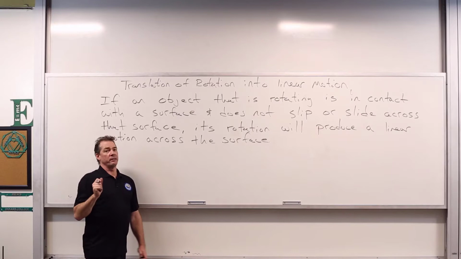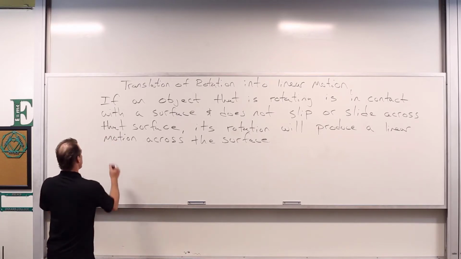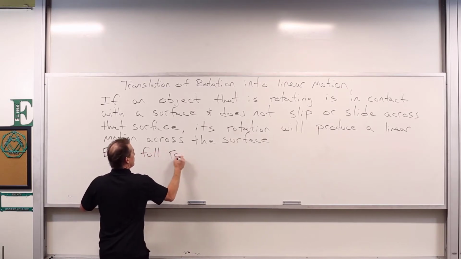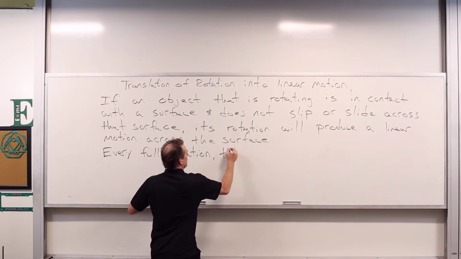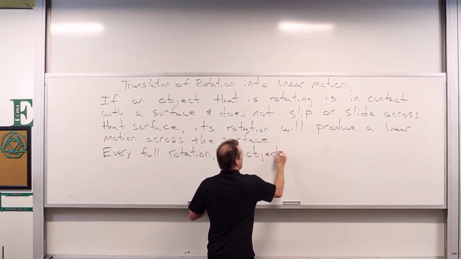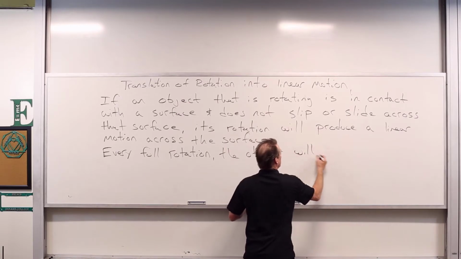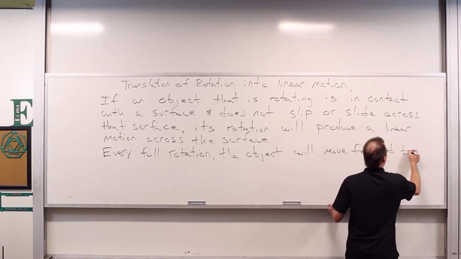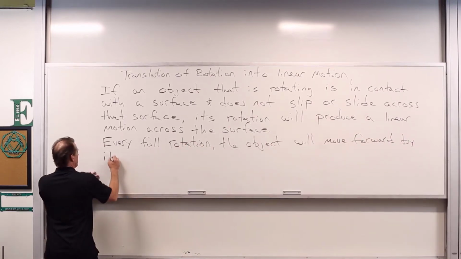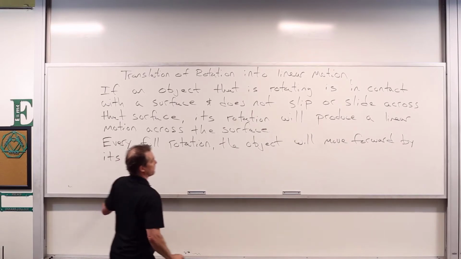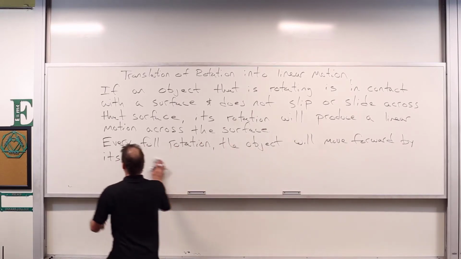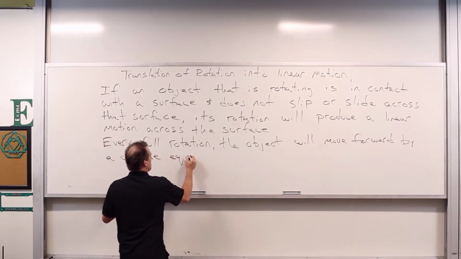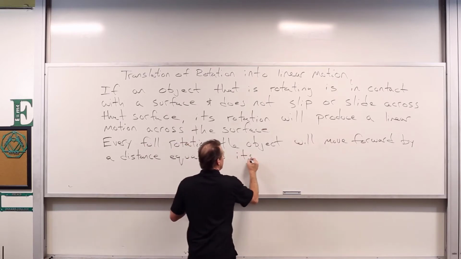Every one rotation, the object will move forward by its circumference. Every full rotation, the object will move forward by a distance equal to its circumference.